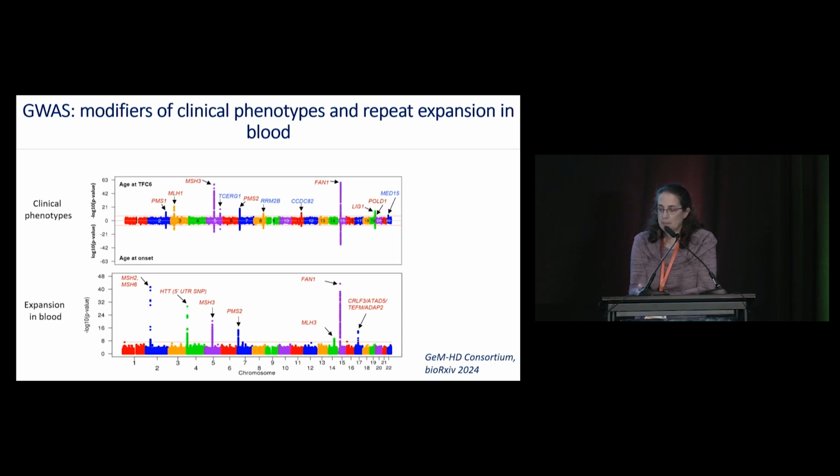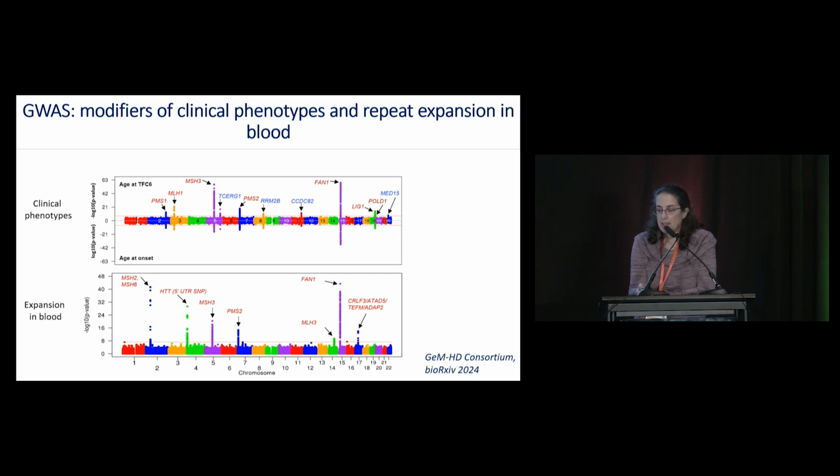They're sort of piled on top of each other. As you can see, many of those DNA repair genes that are found to modify onset or TFC6 are also found to be modifiers of expansion in blood. Those are all the red ones. Interestingly, none of the blue ones came out as modifiers of expansion in blood.